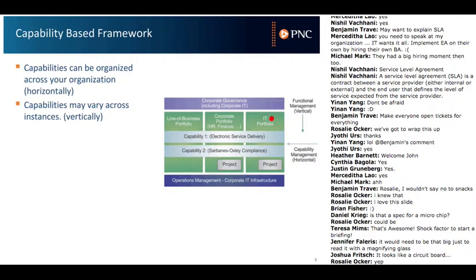In addition to that, you could also say there may be flavors of things in the different parts of the organization as well. If we talked about the capability around lending, what you might need to do for providing a value for an asset for lending may vary. If you're doing mortgages, the valuation and risk management around a house is going to be very different than what you might do around an automobile.